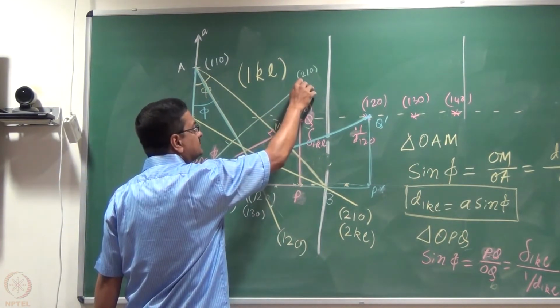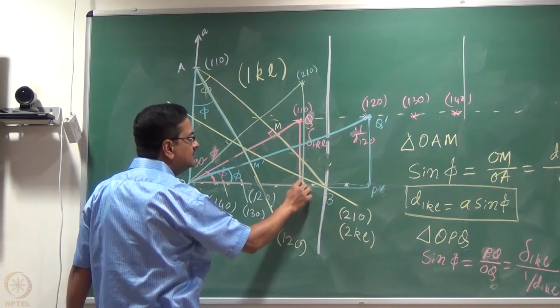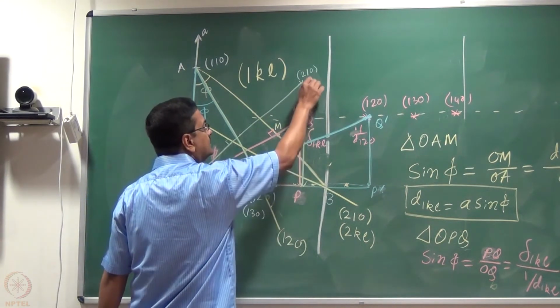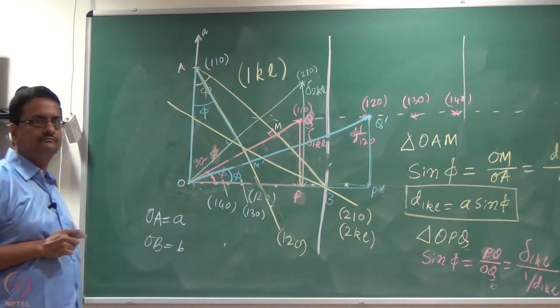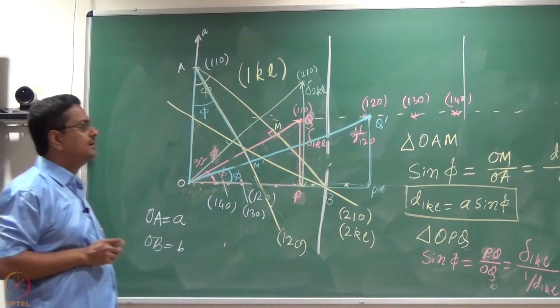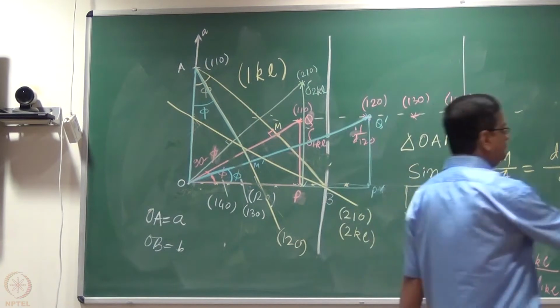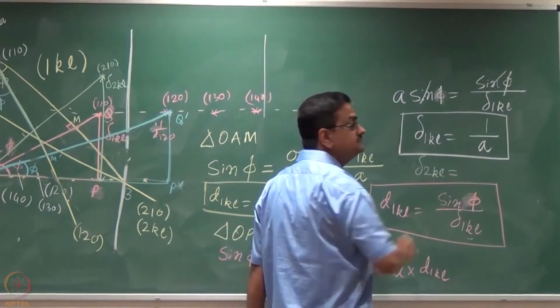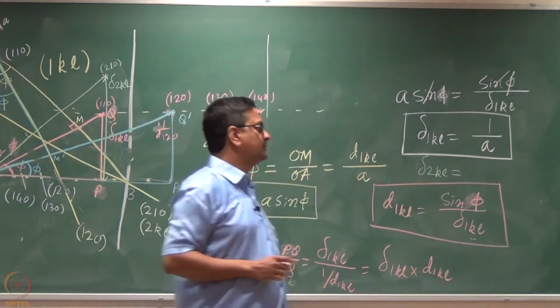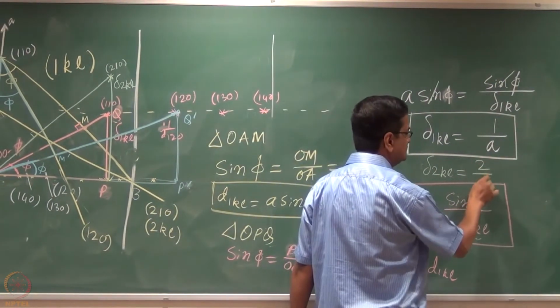So the distance from here to there is delta 2KL. What will be the value for delta 2KL? 2 by A, right?